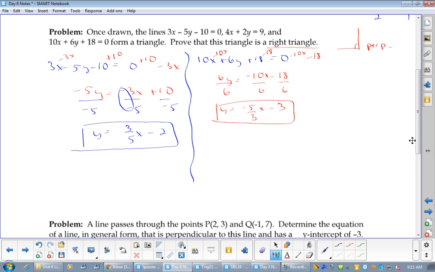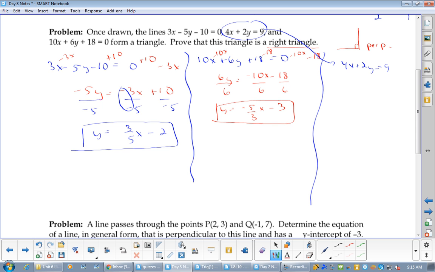Okay, last one is, oh, I missed this one, sorry. I should have done that one second. The next one is 4x plus 2y equals 9. I didn't see that little guy tucked in there.